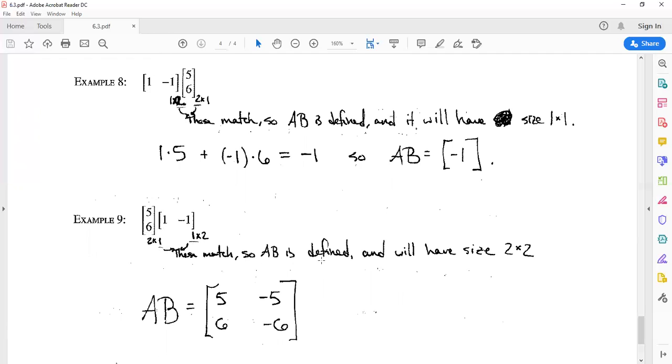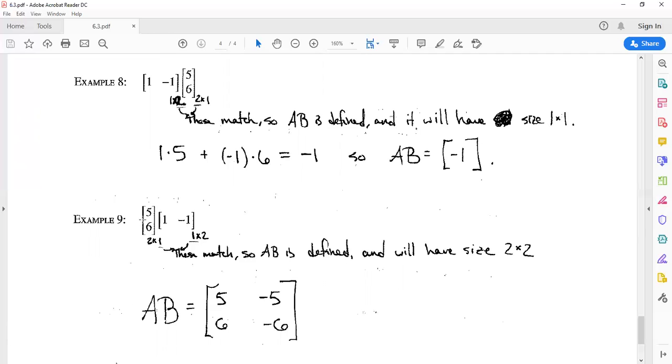But now the product A times B is going to be, I really probably should have written B times A for this one if it's referring to the previous example, but that's fine. So now the product here is going to be a 2 by 2 matrix.